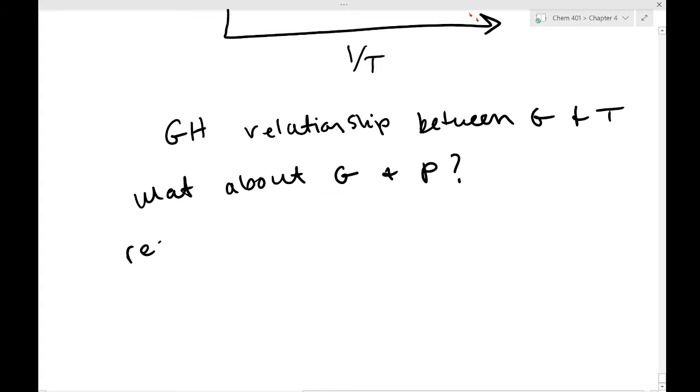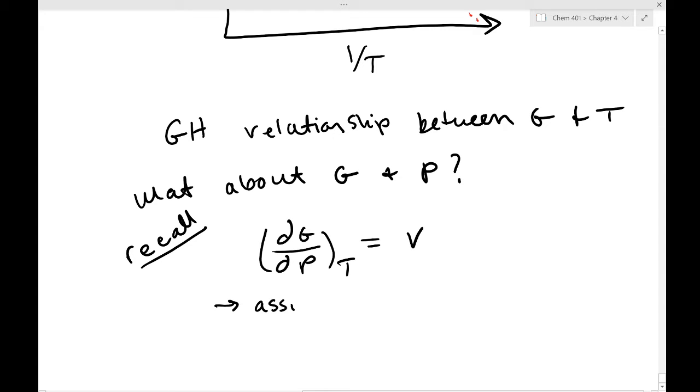Well, if you recall from our natural variable relationships, the partial of G with respect to P at constant temperature is equal to the volume. And we're going to assume that this is an isothermal change.